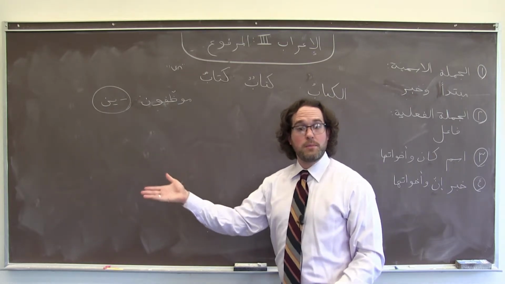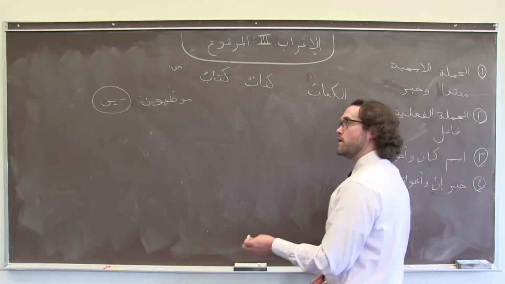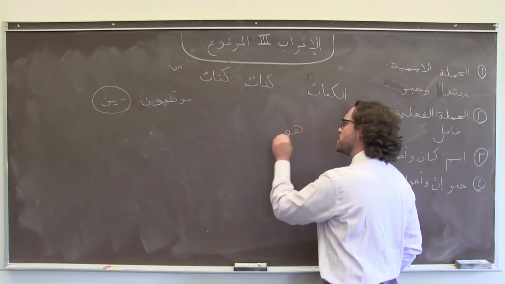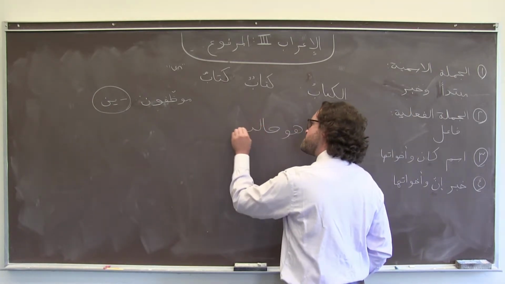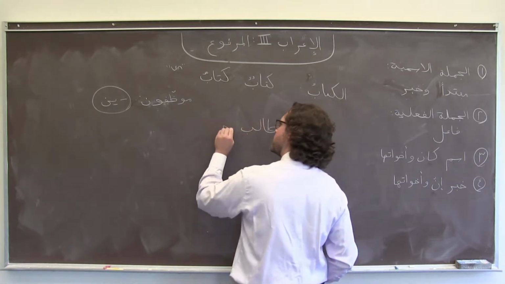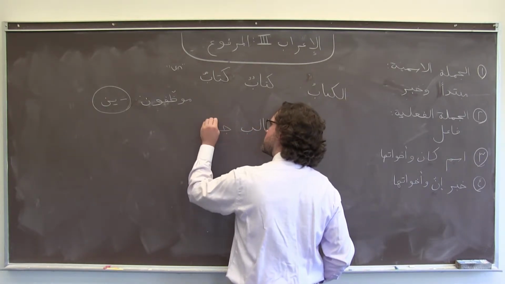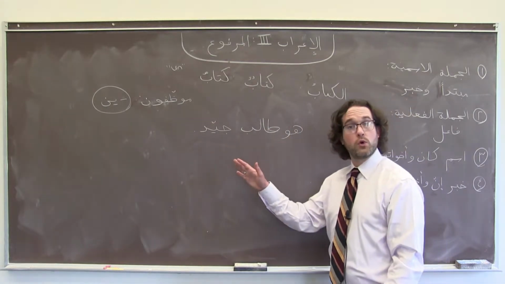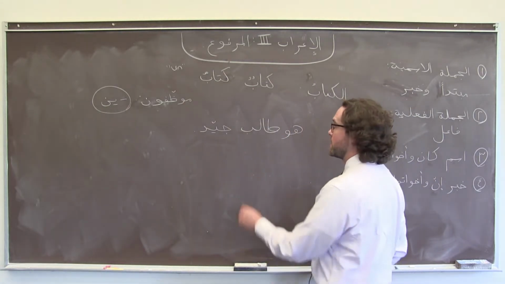So let's look at some examples. If we want to say, to start with a very simple sentence, he is a good student. Huwa talib jayyid. This is what we would see in a normal text that wasn't completely vocalized.